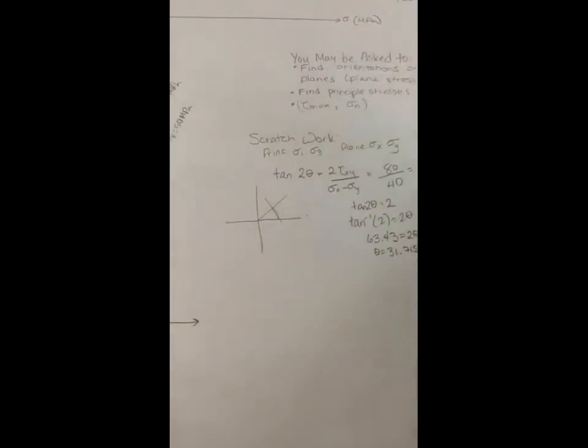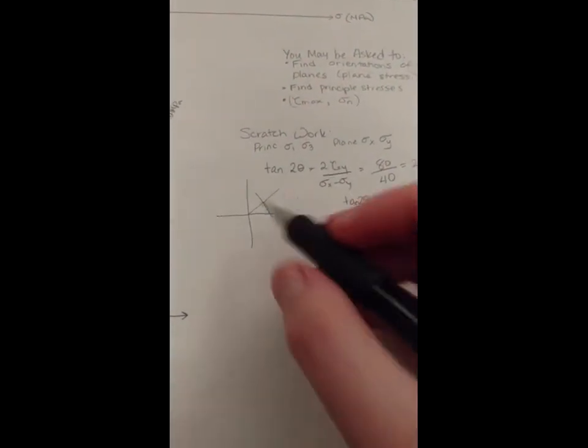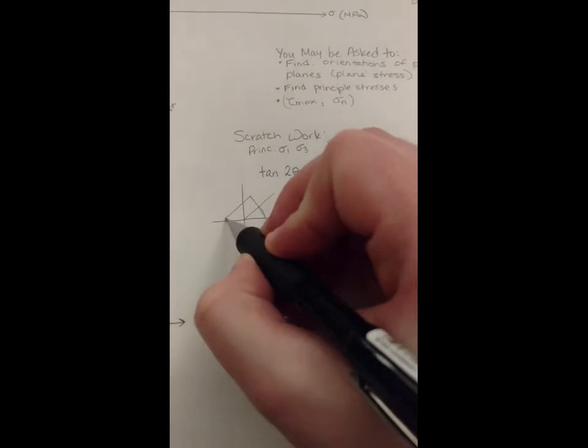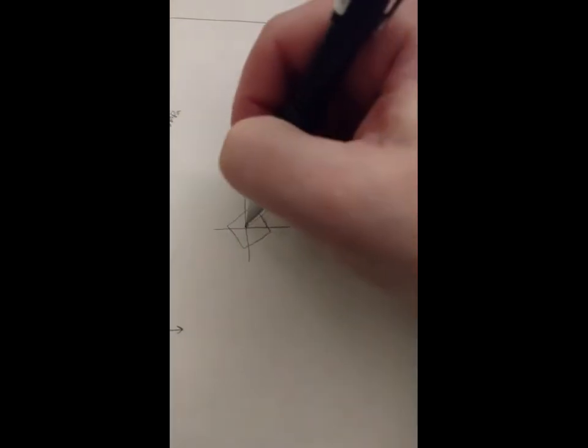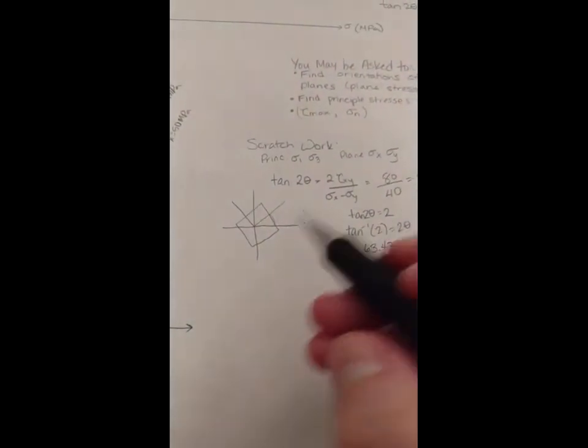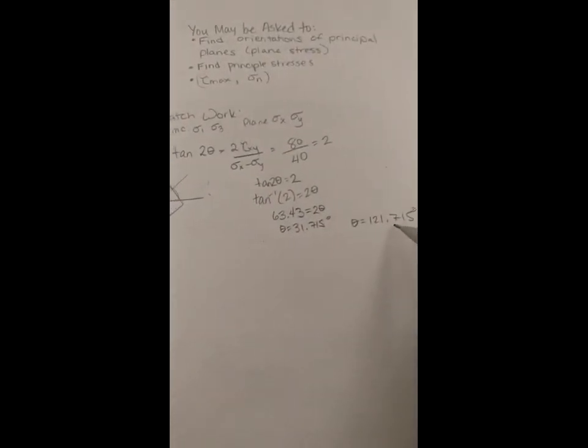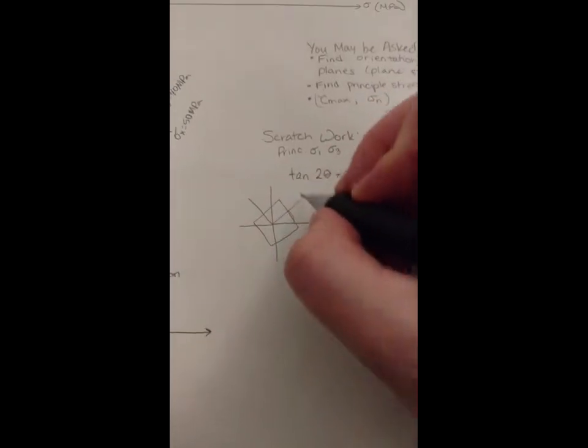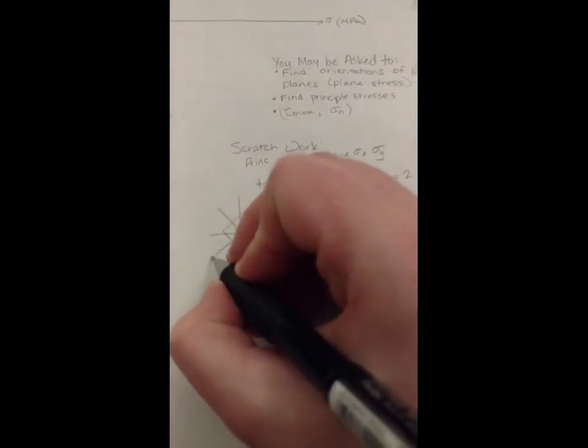Then draw one side of your box diagram rotated that way. Draw your others. And then if you draw this 90 degrees over, that's actually going to be that 121.75.